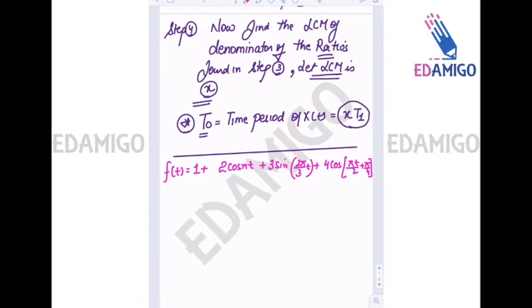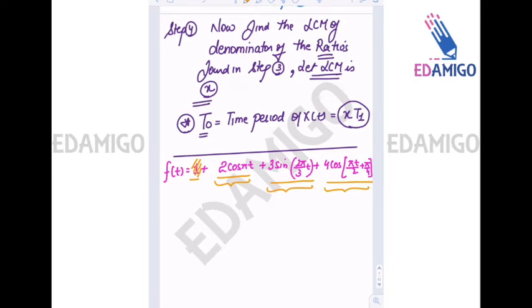Now we can see that all the individual signals are periodic, and this individual signal is DC, so we will remove that. All the other individual signals are periodic, so we will move to step 2.